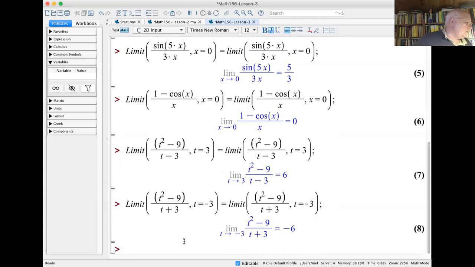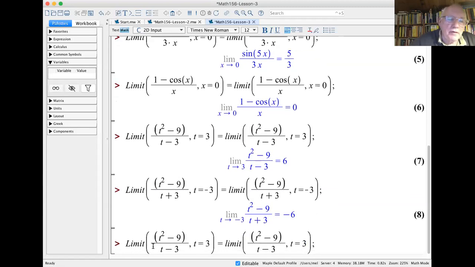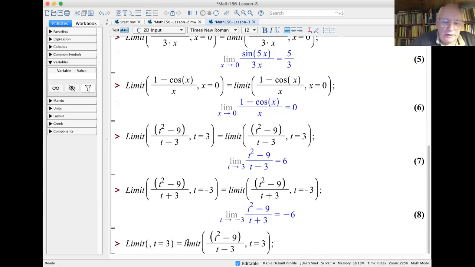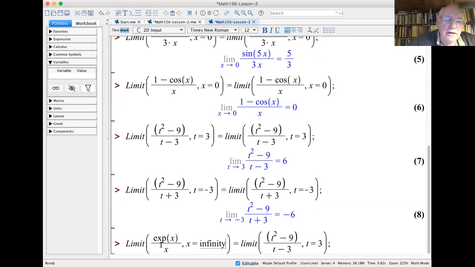Let's look at another one. Suppose we take the limit of e to the x divided by x as x goes to infinity.